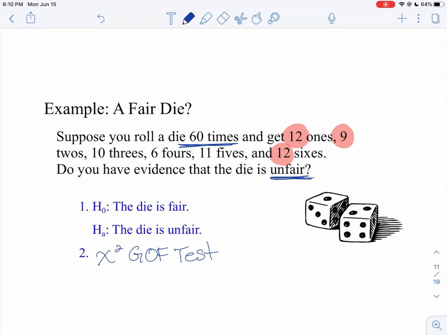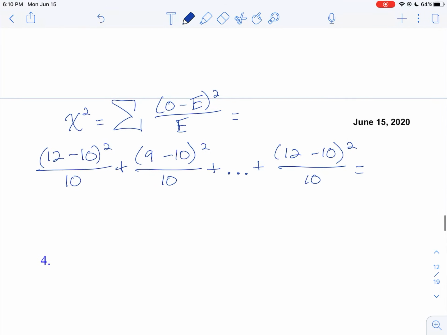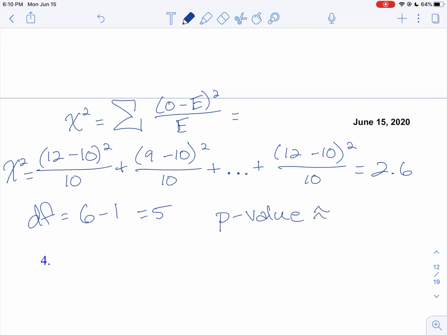Let me go back to our math, and we can say our chi-square is equal to 2.6. Our degrees of freedom was 6 minus 1, 5, and our p-value was approximately 0.761.